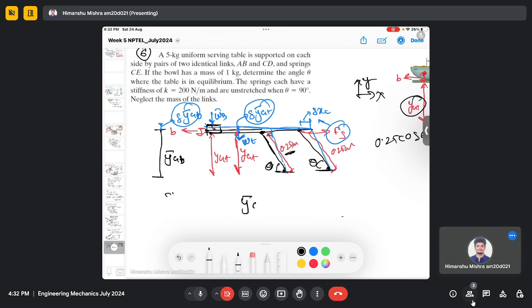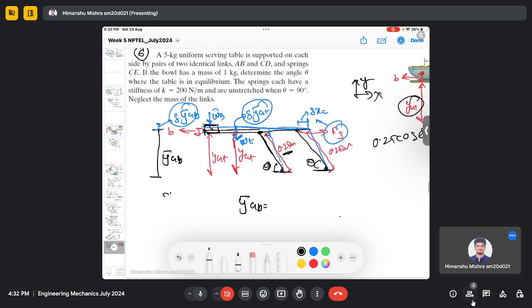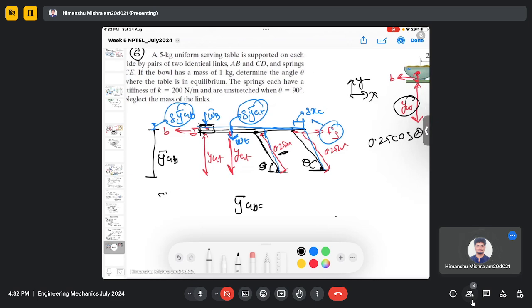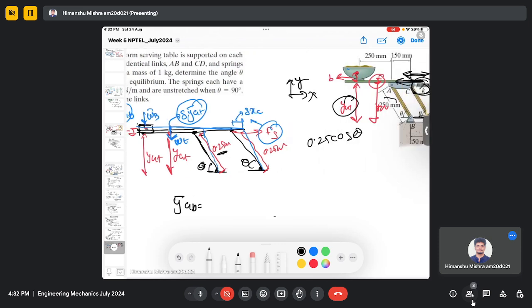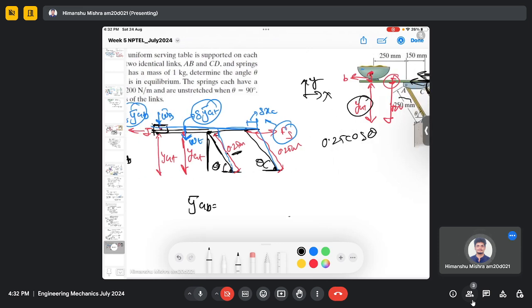We already found y_Gb, which is 0.25 sine theta. This is my 0.25 sine theta, and this remaining distance is plus b. So it is 0.25 sine theta plus b.